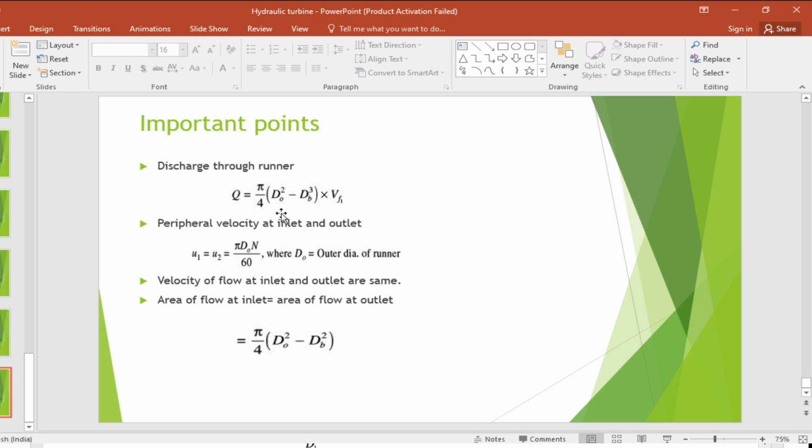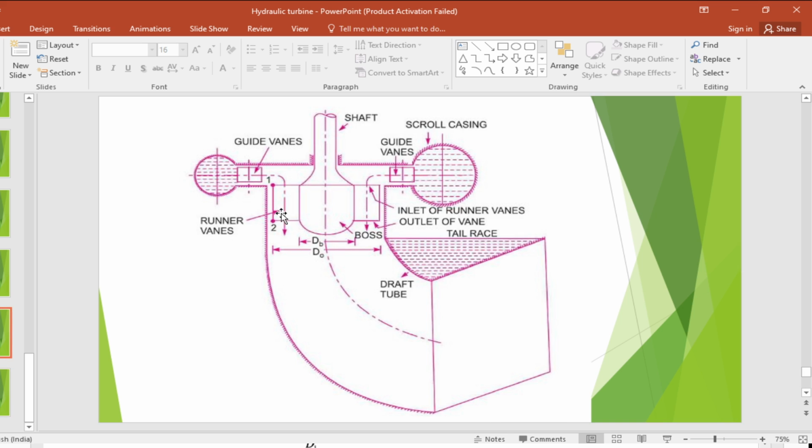Here D naught is the outer diameter of the runner, as you can see in this diagram, and Db is the diameter of the hub or boss, so it is named as Db. D naught is nothing but your outer diameter, and Vf is as usual the velocity of flow at inlet.